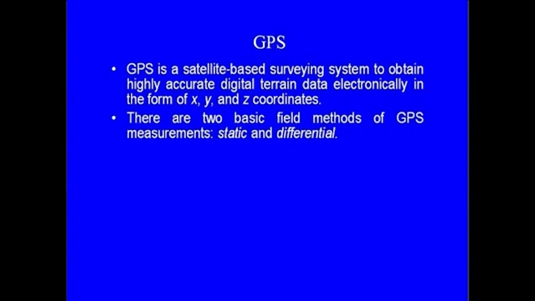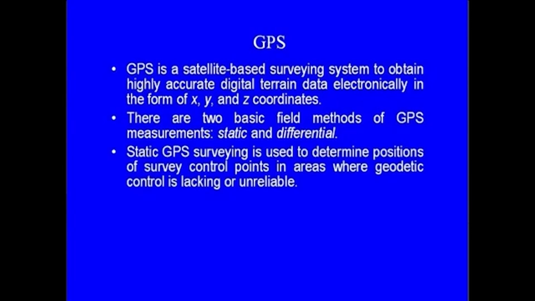There are two basic field methods of GPS measurements, that is static and differential. Static GPS surveying is used to determine the positions of survey control points in areas where geodetic control is lacking or unreliable.